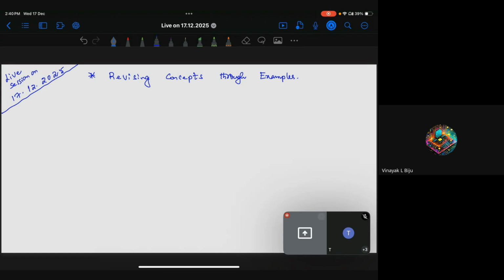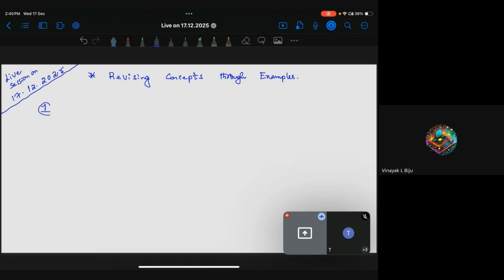So now we'll do something different: one or two problems on frequency response and some on time response. Let's see how many problems we can solve in this given period. First I'll write down the problems, then we'll go one by one.